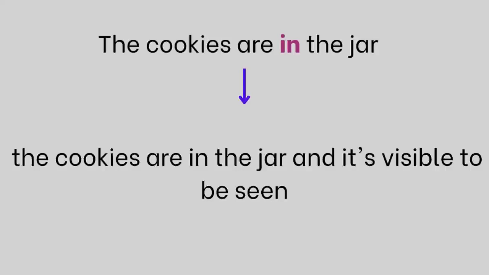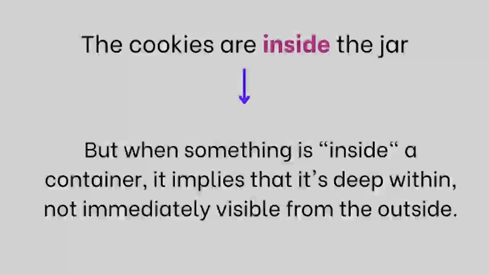Usually it's made of glass. So back to the example, when we say the cookies are in the jar, that means it is very easy and very visible for everyone to find them. Okay? But if we look at the second one, if we say the cookies are inside the jar, what does that mean?